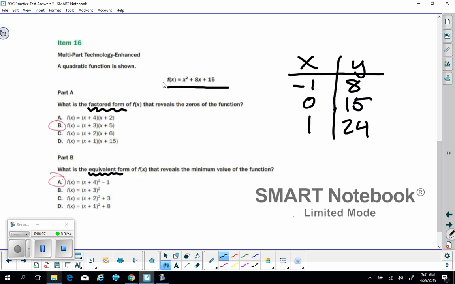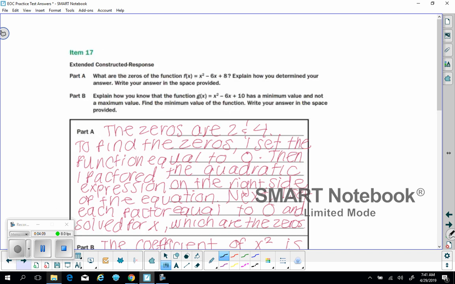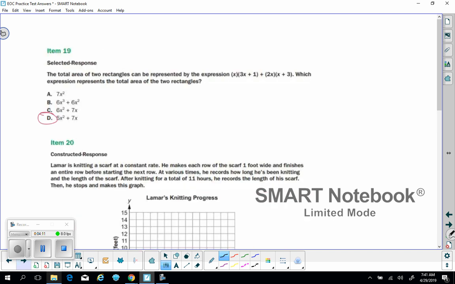Okay, so the next one is 19. For 19, which expression represents the total area? The total area is represented by this, but which one represents the total area? That means that they're going to be the same thing. So again, you can do table twinsies.